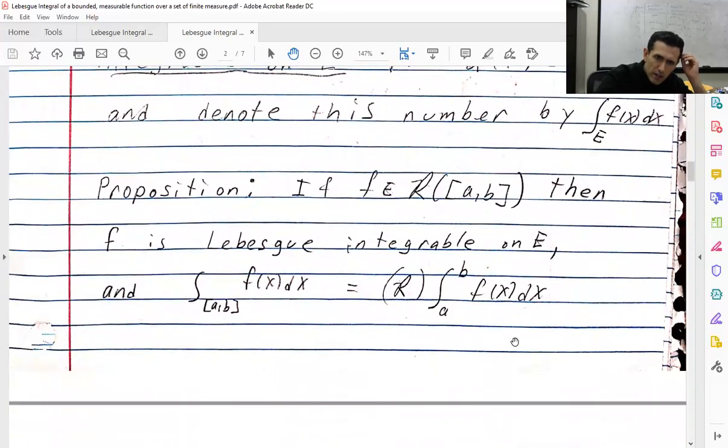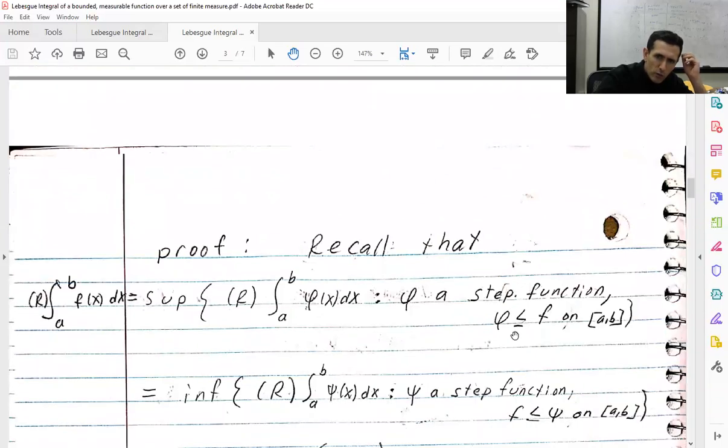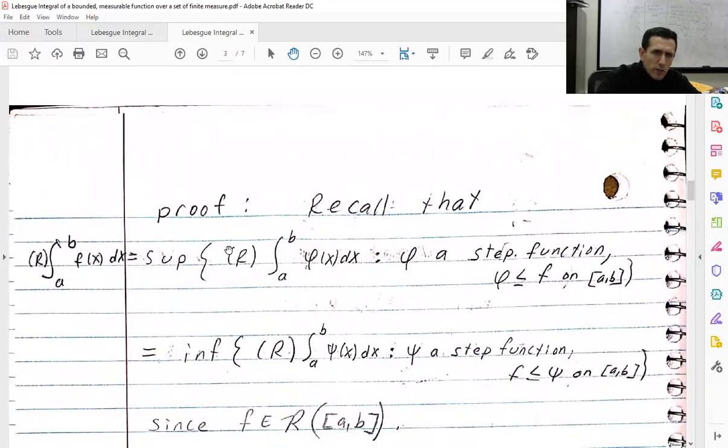Right. So how do we prove that? Well, let me remind you of our reformulation of Riemann integrability. So f is Riemann integrable, so these two are equal. The sup of all these integrals over step functions that are less than or equal to f on a to b, and the infima of all these integrals over step functions that are bigger or equal to f on a to b.